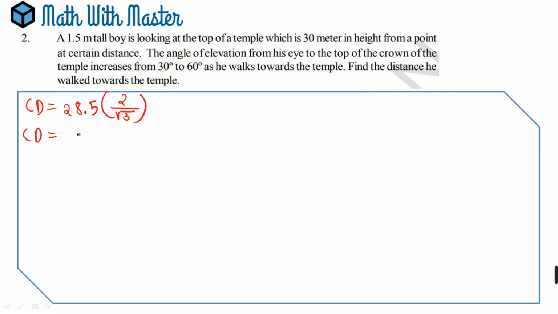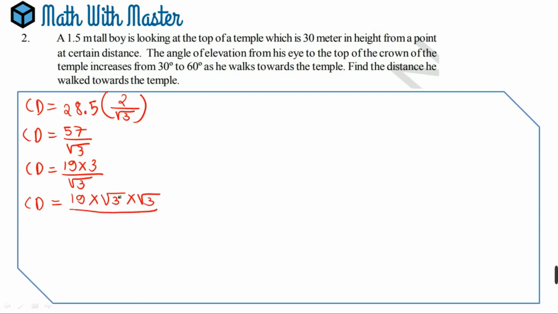CD is equal to, now if we multiply 28.5 into 2, it will be 57. So this will be 57 upon root 3. So CD is equal to, instead of 57 I can write 19 into 3 upon root 3. So CD is equal to 19 into, instead of 3 I can write root 3 square, because its product is 3.